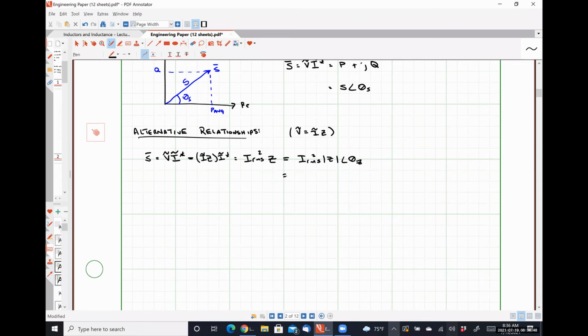In rectangular form, that will be I RMS squared R plus j I RMS squared X, where explicitly here I'm stating the impedance is the magnitude of Z angle theta Z.